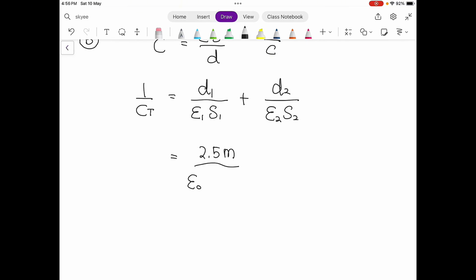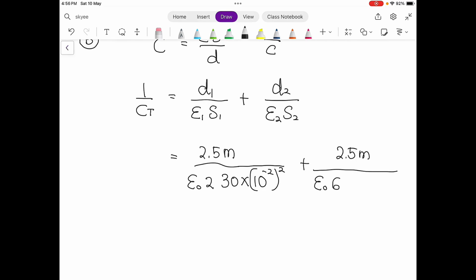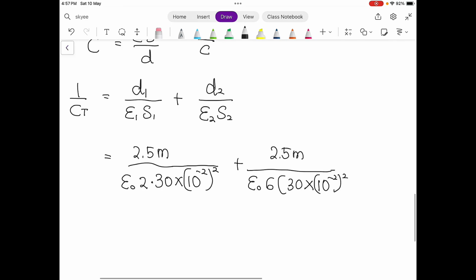And epsilon naught, epsilon R1 equals 2, and the area is 30 centimeter square, which I'm going to convert into meter square. Plus D2 is 2.5 millimeter, and epsilon naught, then we have epsilon R2 equals 6, multiplied by 30 times 10 power negative 2 and power 2.